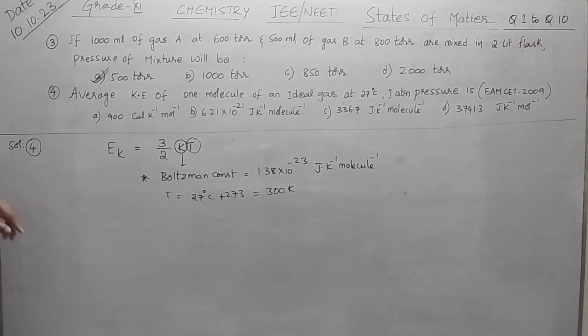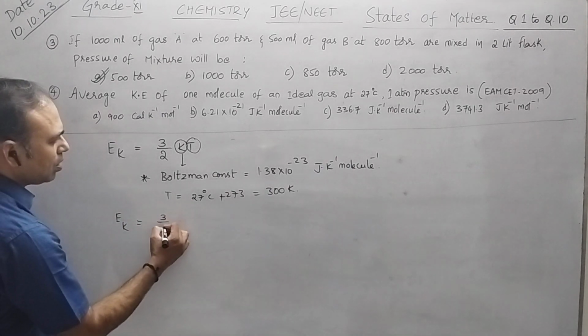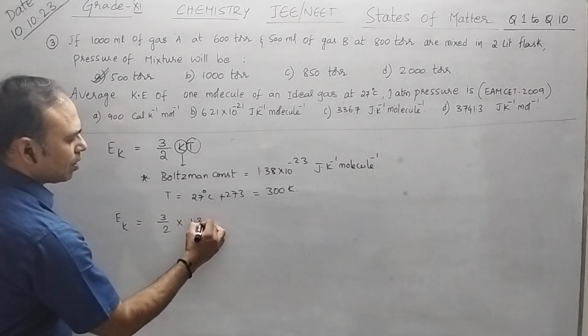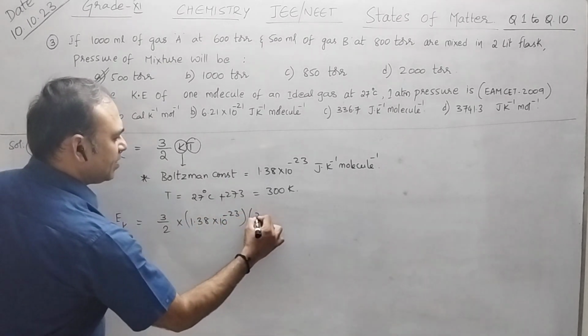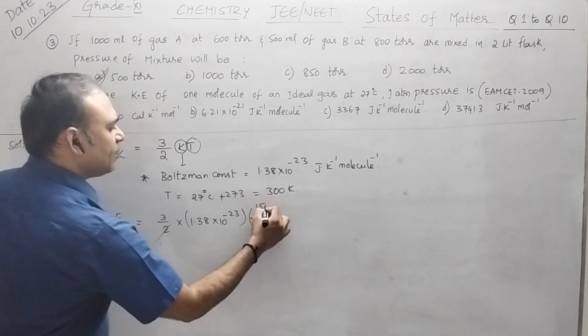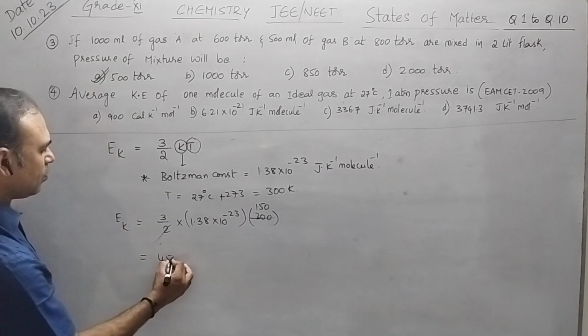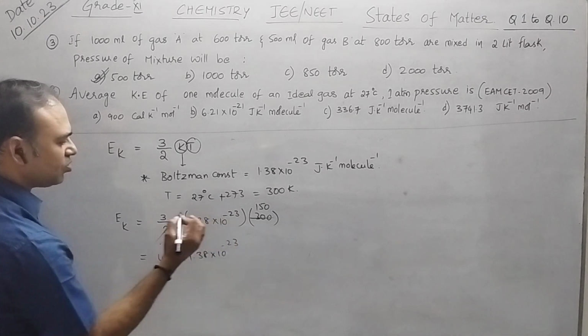Now substitute the values to get your answer. Average kinetic energy E_k is equal to 3 by 2 into Boltzmann constant into temperature. So let's cancel 2 and 150. So 450 into 1.38 into 10 to the power of minus 23.